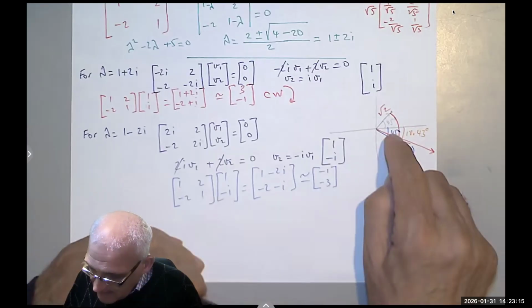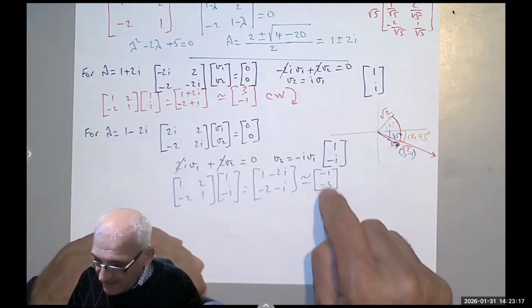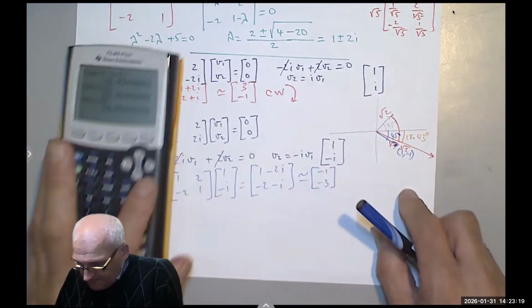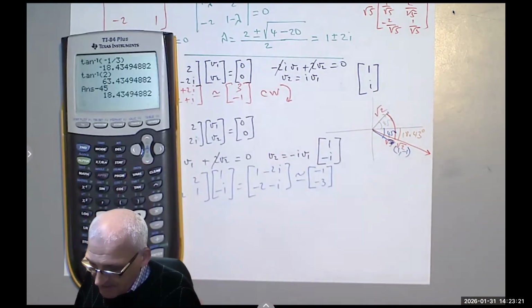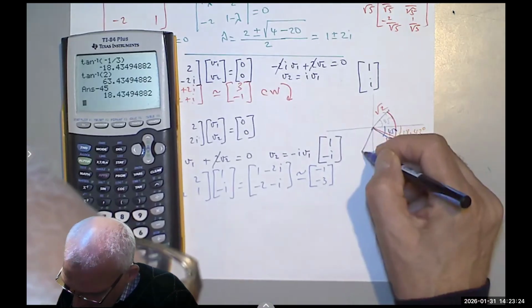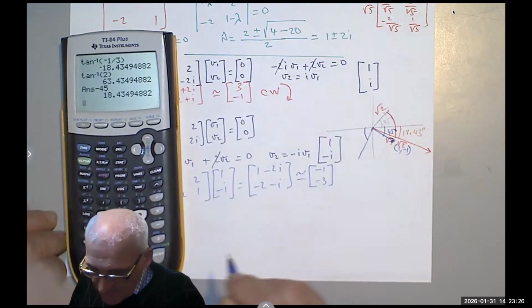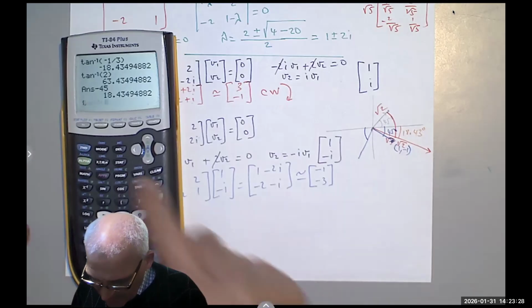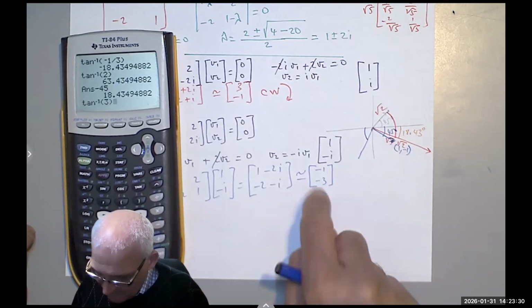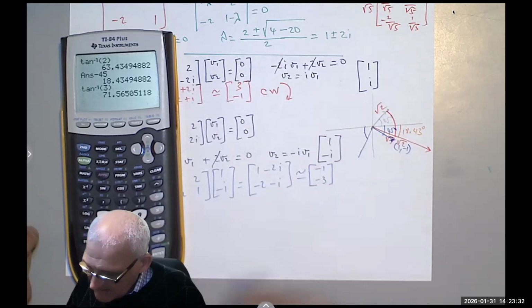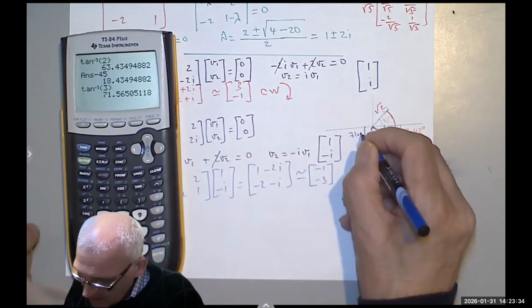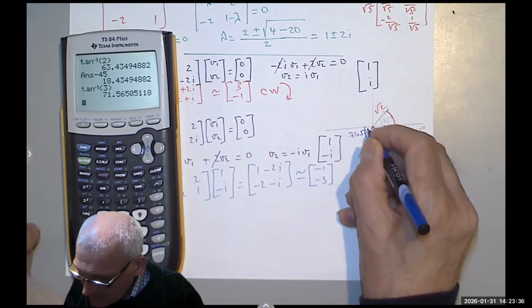And the tangent of this angle is arctan of 3, negative 3 over negative 1. It's 71.57.